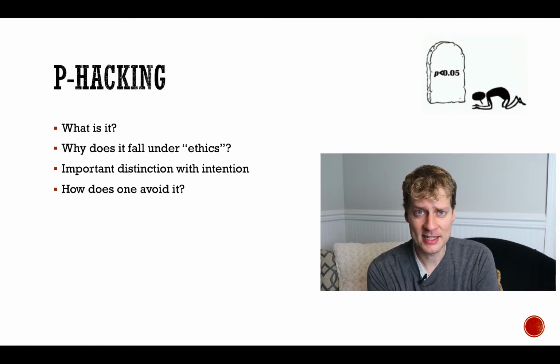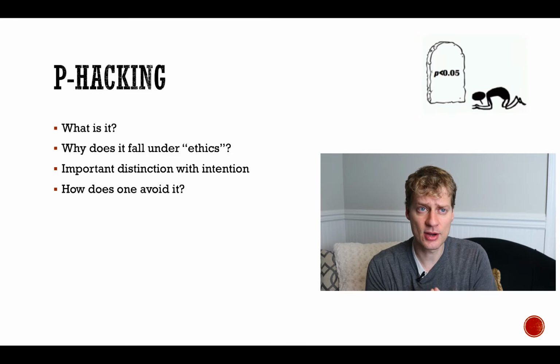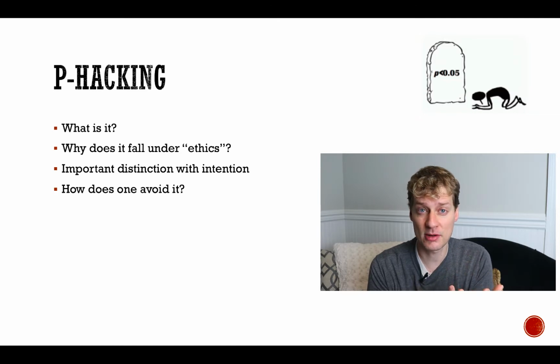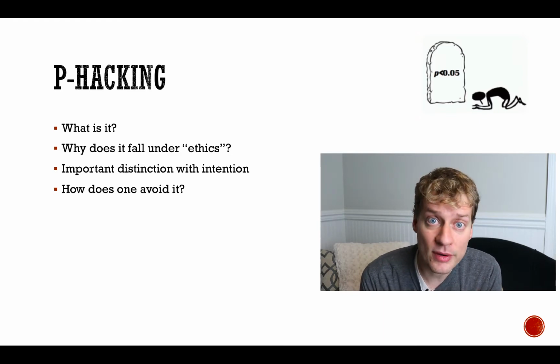It's the idea that you go into a data set with a pre-existing hypothesis that you want to prove, or you want p to be less than 0.05, and you run the data analysis as you think it should be run, and let's say p is equal to 0.15. Well, you can't publish with p equal to 0.15, so what do you do?